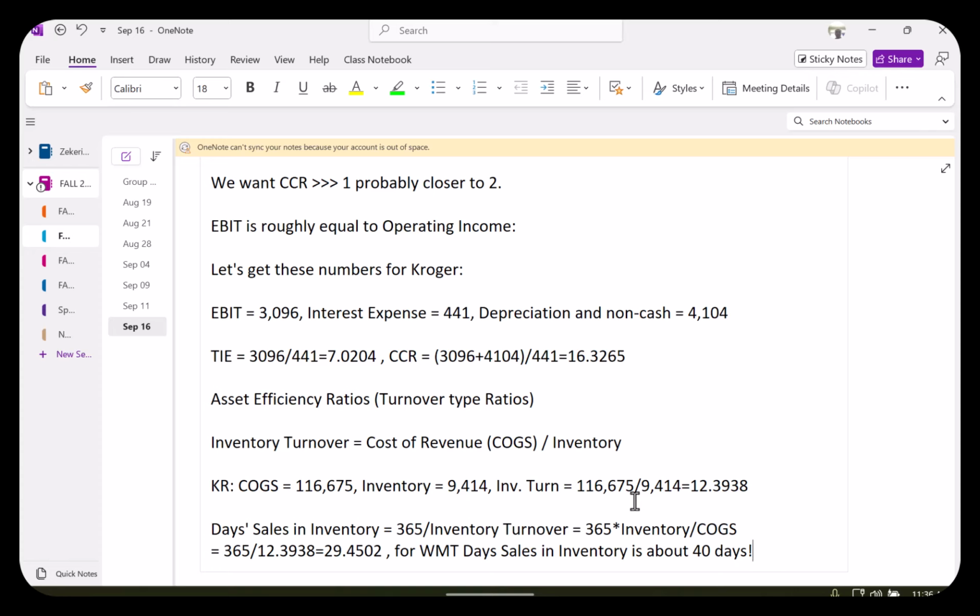I mean, they're both pretty much grocery companies or retail stores, but Walmart has probably some more things like clothing and electronics and housewares. So it may not be that surprising that it's a little bit higher. They're not just doing food.